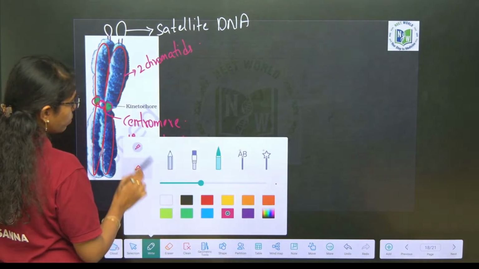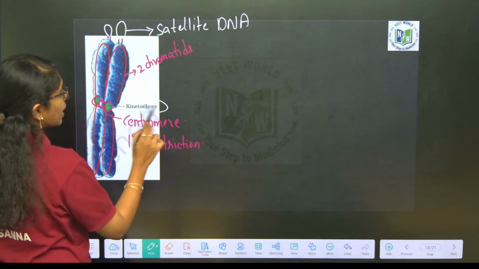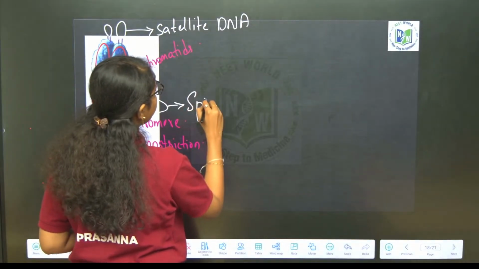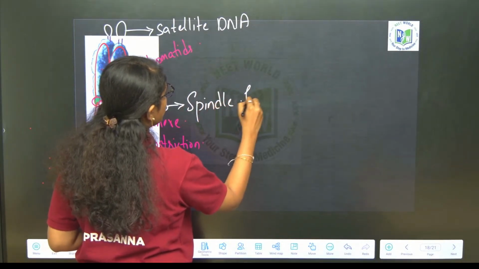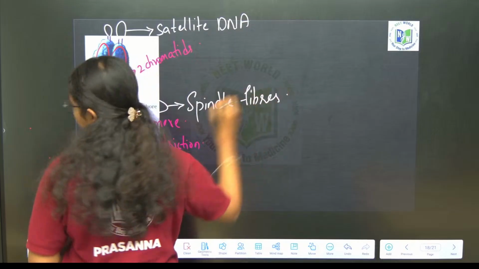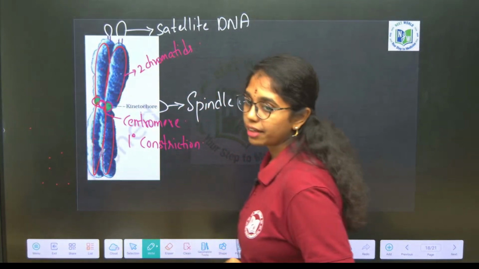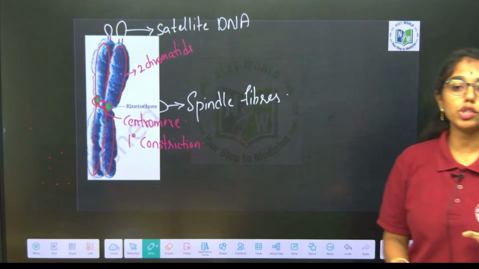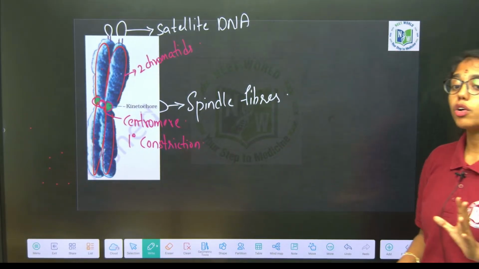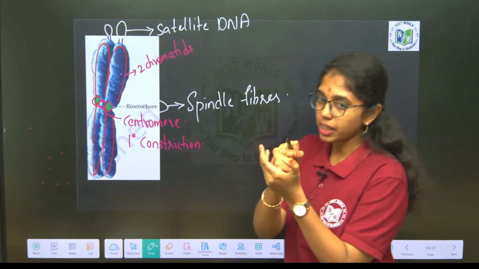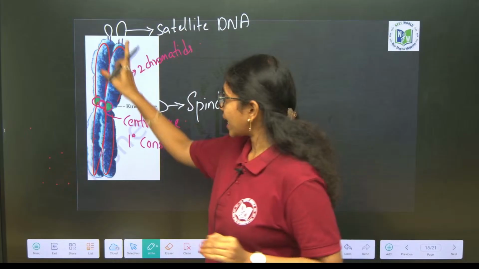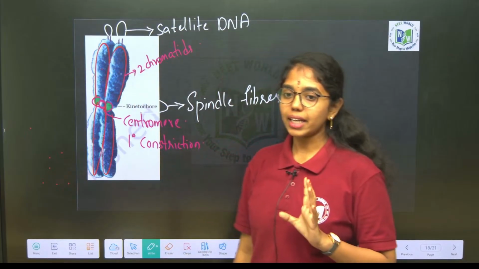These disc shaped structures are called as what? Kinetochores. To these kinetochores only spindle fibers are attached, during the time of cell division. Kinetochores are disc shaped structures attached to the primary constriction, that is centromere. Secondary constriction is satellite DNA.